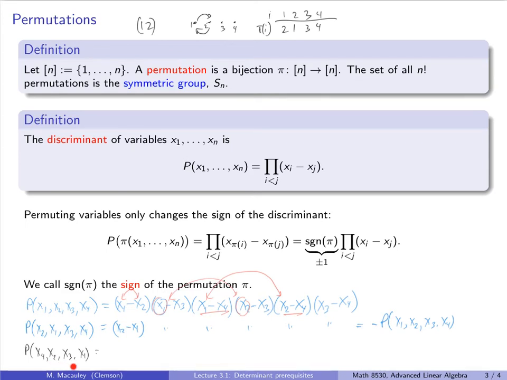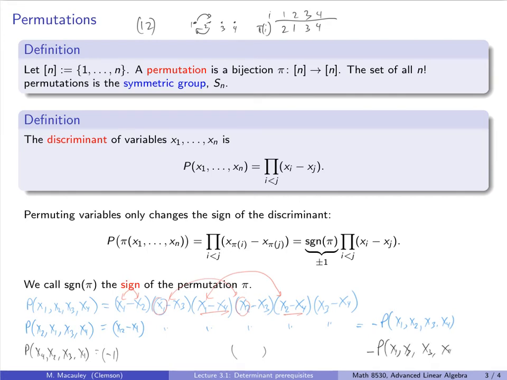So 4 comes before 1. 2 is before 1. 4 is before 2. 3 is before 1. So with the original 5, you have all of these things swap sign except 2 and 3. So we get 5 terms that flip sign, 1 that does not. And so this is going to be, again, a negative of the discriminant of x1, x2, x3, x4.